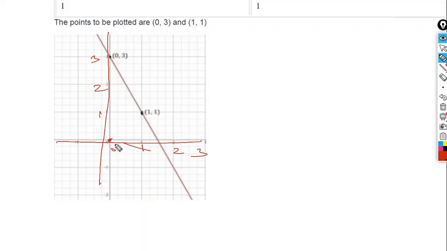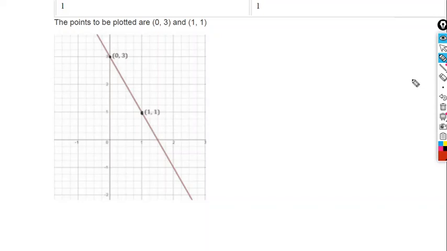So first we have to find the 0, 3 point. Here x is 0, this is y, 1, 2, 3. So this point will be 0, 3. Now another point was 1, 1. When x equal to 1, y will also be equal to 1. That is 1, 1. So we are getting the points from our table. Now put your scale and join these two points.